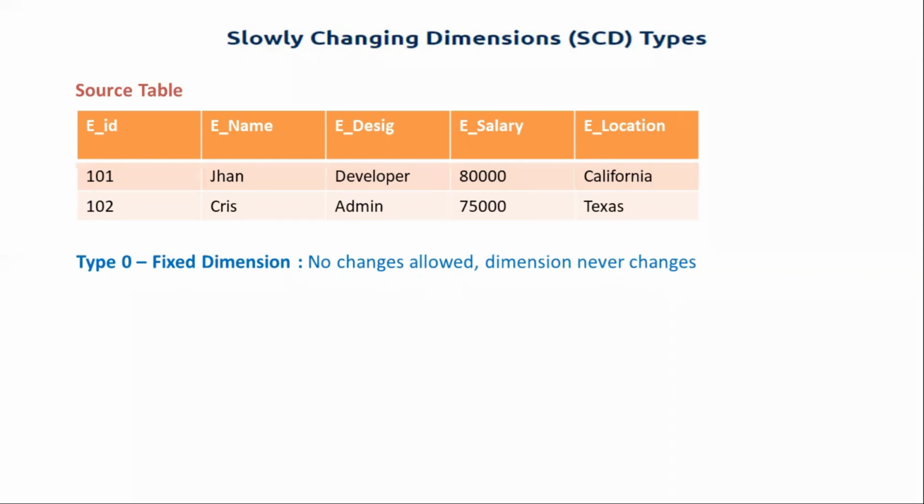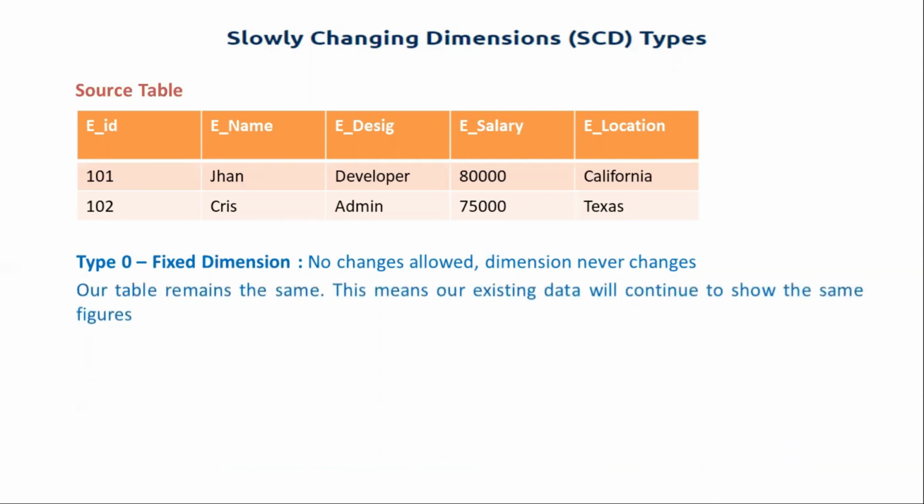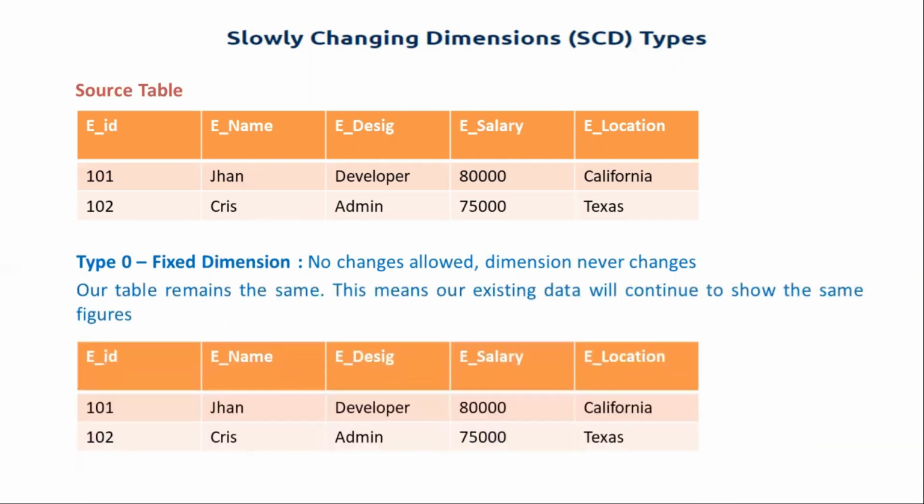Now if you talk about type 0, that is a fixed dimension. When we load data from source to our base table or our Hadoop environment, this data will come as it is. You need not concentrate much, because the source table data is absolutely the same as our base table data after reload.